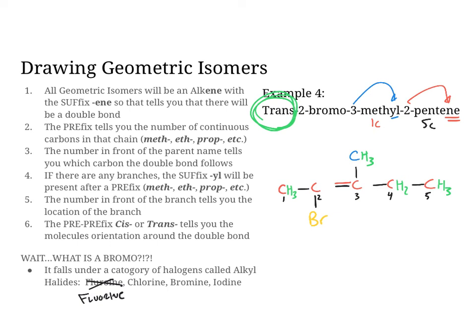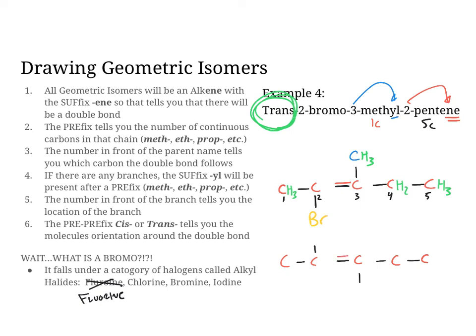Now, some of you might be asking, does the bromine have to go down, or could it go up and the methyl go down instead of up? The answer to that question is it kind of doesn't matter for how we're drawing our structures. That might be more of a concern if you were to take organic chemistry in college, but not for us.